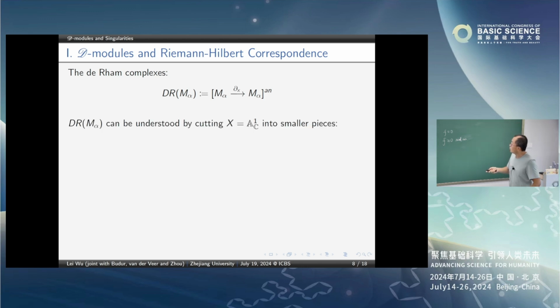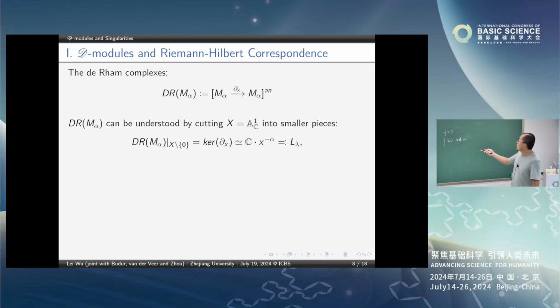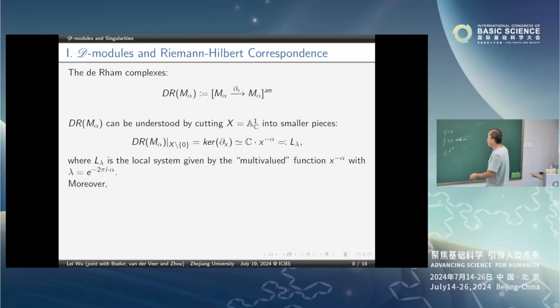The de Rham complex of M_alpha can be understood by cutting X, this affine space, into smaller pieces. If you restrict to the punctured disk, then this complex has a kernel, and actually we have this embedding of C times x to the minus alpha, where x to the minus alpha is a local section.